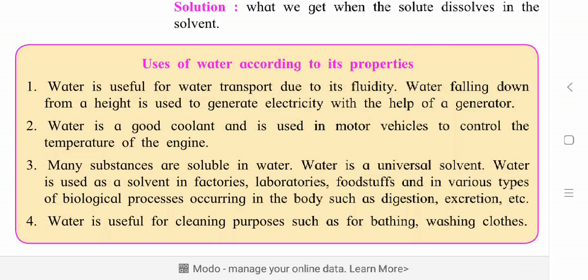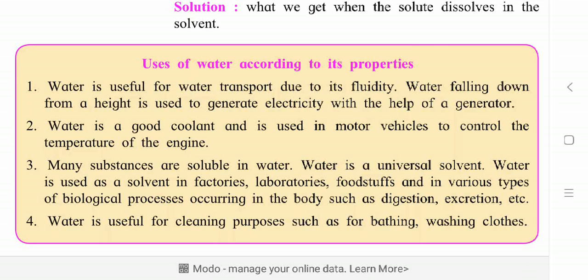First use: water is useful for water transport due to its fluidity. Because it is a liquid, it can flow from one place to another. Water falling down from a height is used to generate electricity with the help of a generator.